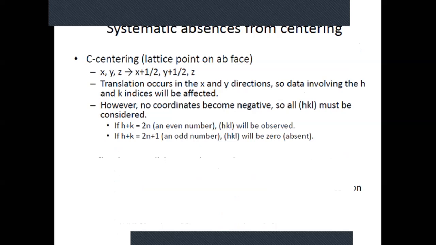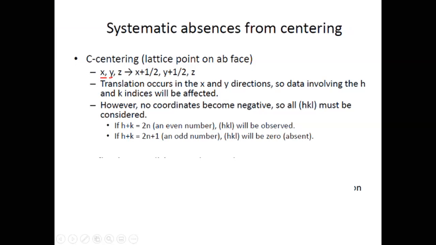So now if we look at the C centering, we want to know which ones would be absent for C centering or A centering or B centering, etc. And so remember, for C centering, x and y get translated. z does not. So translation occurs in the x and y direction, so we're going to be investigating the h and k indices.